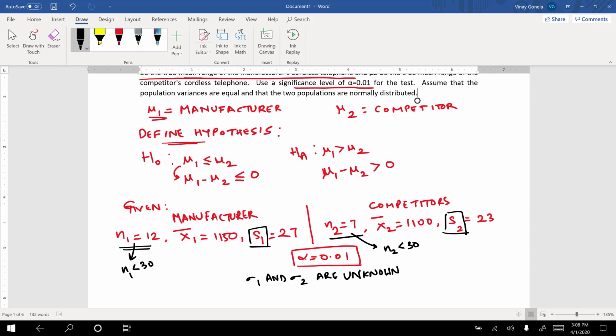When n1 and n2 are less than 30 and sigma 1 and sigma 2, the population standard deviations for manufacturer and competitor, are unknown, we will be using t-stat.